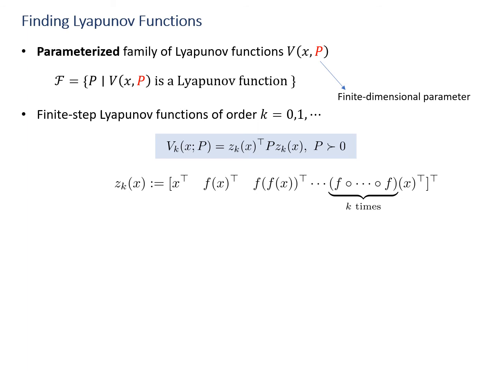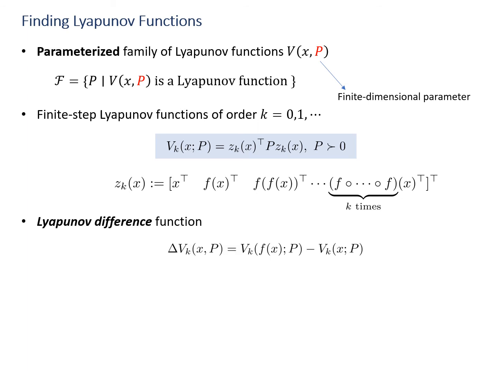We note that when k equals 0, we obtain the classical quadratic Lyapunov function. We define the function delta V(x, P) as the difference incurred in the Lyapunov function from the current state x to the next state f(x). We note that for fixed state x, delta V(x, P) is a linear function in P.